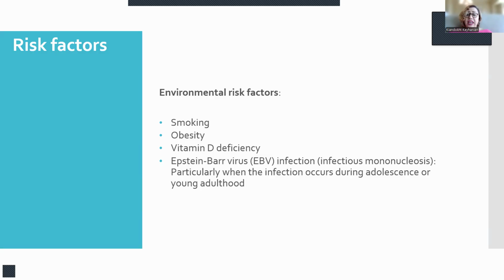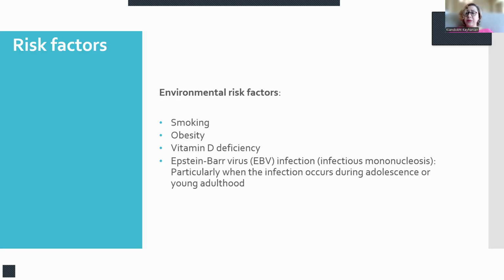Another risk factor, which is a little bit out of our hands, is EBV infection. EBV, or Epstein-Barr virus infection, happens in a lot of us. It's a very common childhood infection, and lots of times when it happens when we are very young, it can be asymptomatic or have very mild symptoms, and it goes away.